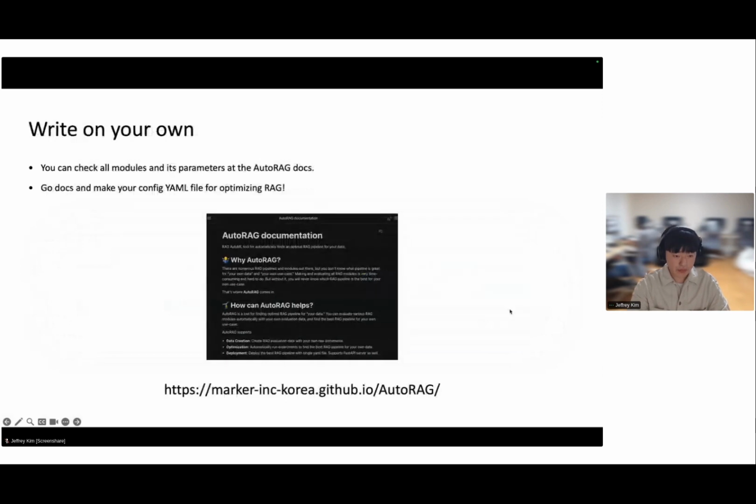So this is the brief concept of writing a config YAML file in AutoRAG, and you can check all modules in our official docs. There are many components and many hyperparameters, and you can make almost infinite combinations of config YAML files. So maybe if you're interested in making your own, please check these docs.